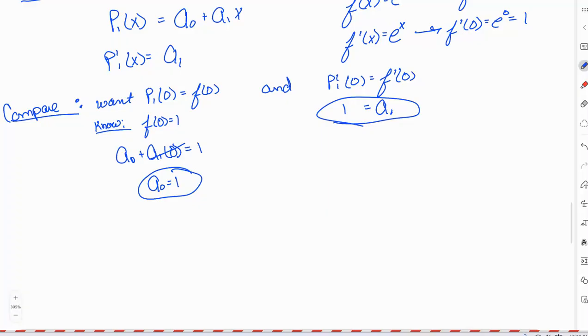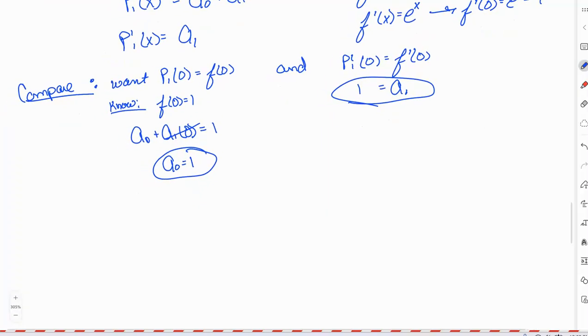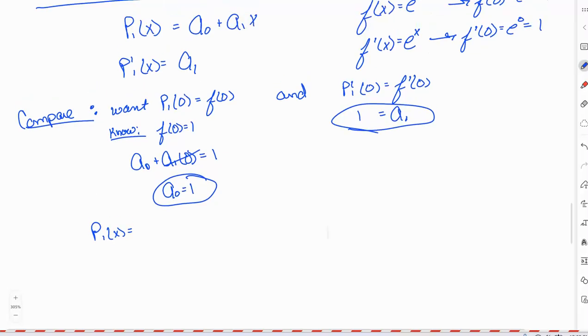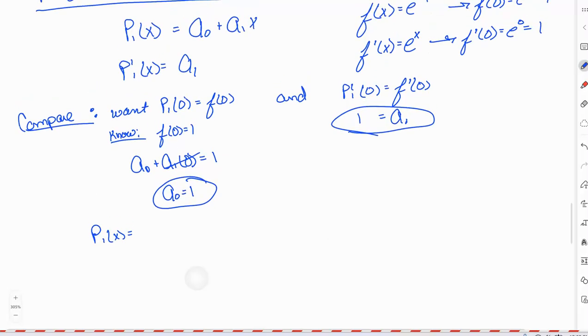So now I know I had that system of equations, two equations, two unknowns, that gave me what the unknown values were. So that polynomial is going to be p1 of x is equal to, we said, a naught plus a1 x. A naught was 1. A1 is 1. So this is going to be equal to 1 plus x.